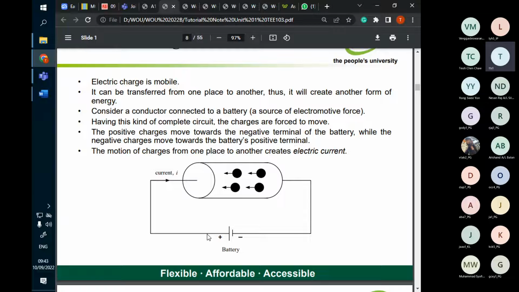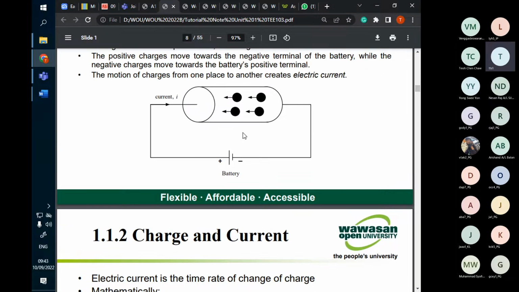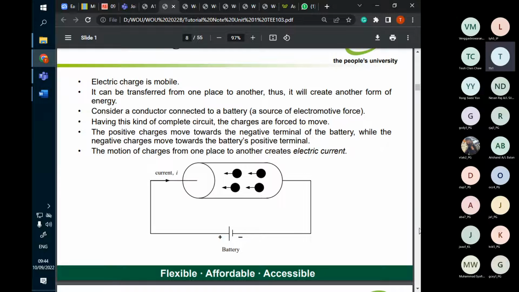We need a water pressure in the pipe, right? So the water pressure is the voltage here. Then we have a current, and the other property we have is called the resistance. We'll touch on that later on. But so far you are already exposed to this water analogy, the voltage and current.